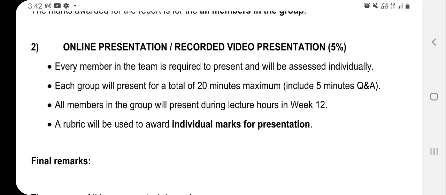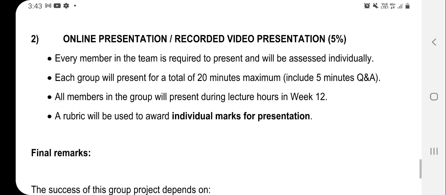Maybe we can do that in week 12. Okay, all members, point number 3, all members in the group will present during the lecture hour in week 12. Number 4, a rubric will be used to award individual marks for the presentation.